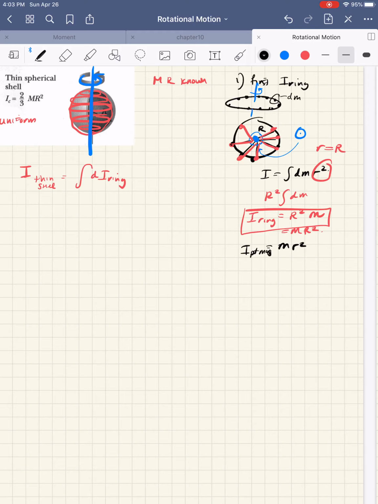And you see, they just really look the same, except the r is the radius of the ring. Well, if I'm integrating over a bunch of rings that are changing their radius, though, to make a shell, then ultimately it looks like I'm just integrating over a point mass, but I'm not. It's just that the moment of inertia of a ring looks just like a point mass, and that's from a high level of symmetry.